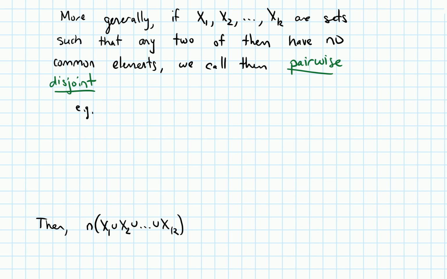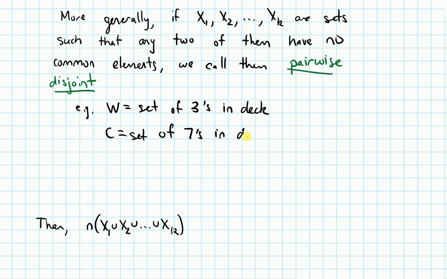So what's an example? Using the previous example's framework, if W is the set of 3s in a standard deck of cards, and C is the set of 7s in a deck, and then let's do one more, a third set.